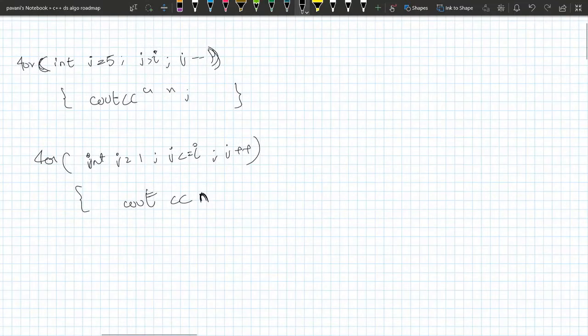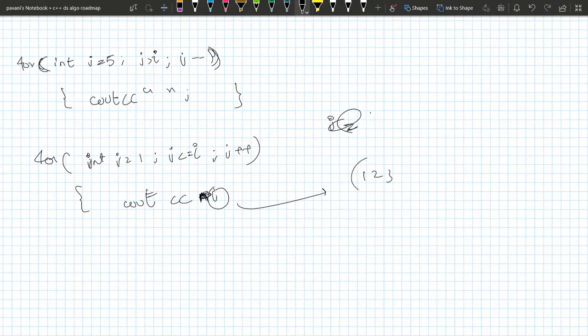If we printed cout j, that would be 1 2 3, right? For i value 3, we have to do some sort of math: i minus j plus 1. I think this works fine.